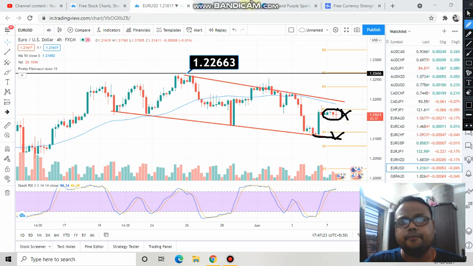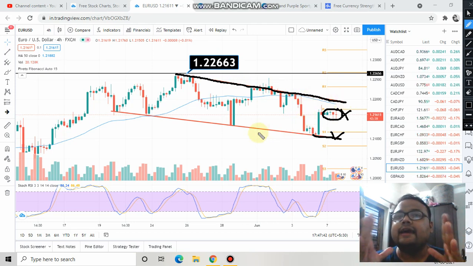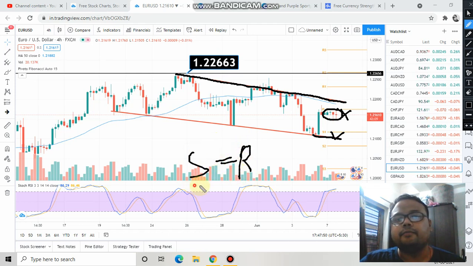On the other hand, you may get an opportunity to short the market also. Because on the upside, this line is also acting as a resistance, and as we all know, the 50 moving average was acting as a support to the market, and there is a possibility that the support will become the resistance now.